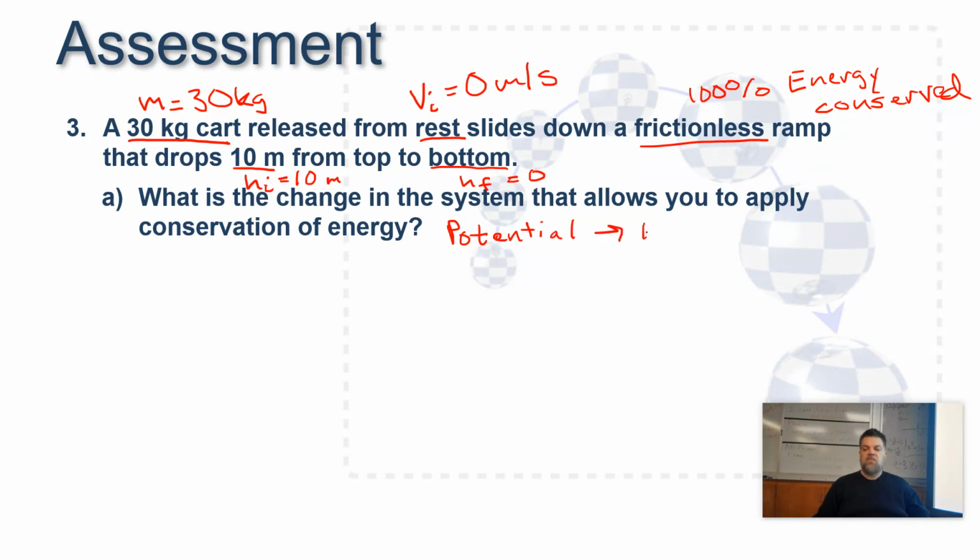Potential means it's 10 meters high. Or you could just say that there's a transfer from EP to EK.